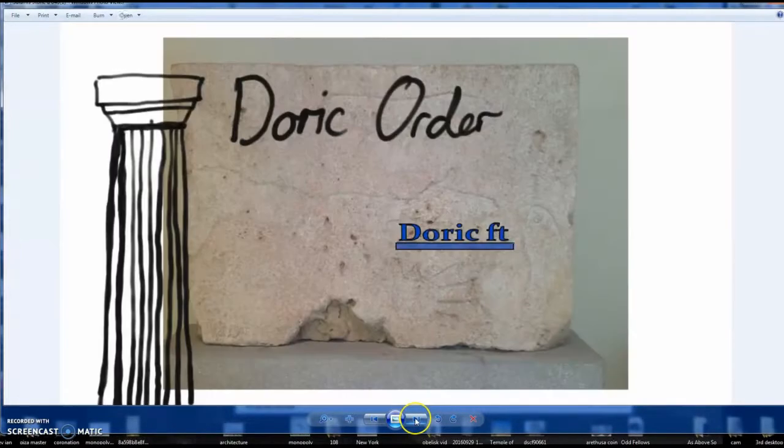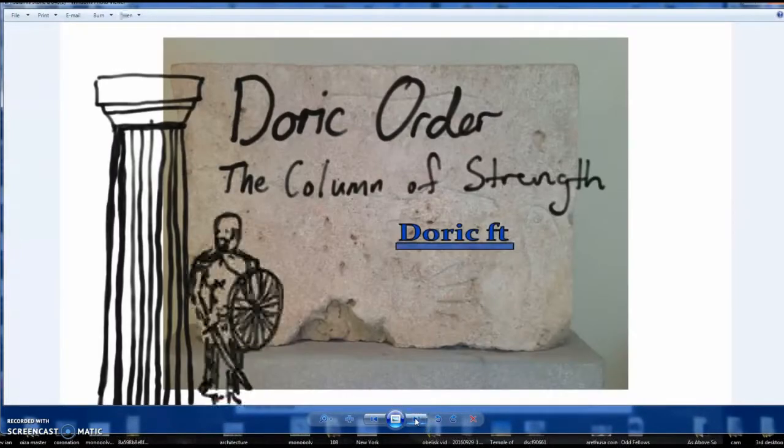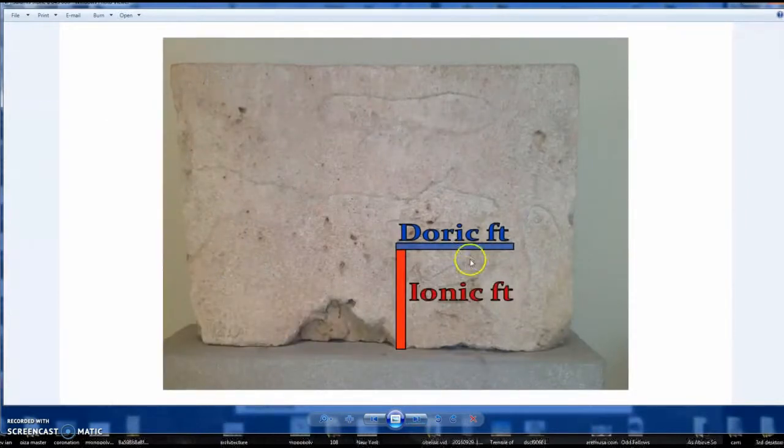Now that's relevant because we get to the next one, which is the Ionic foot. So the Salamis Stone, we have this foot here, a footprint, common foot. We have the Doric foot, and we also have the Ionic. And there's more to it. We'll get to that, but just to begin with those. And so just like the Doric order of architecture, we also have the Ionic order of architecture.